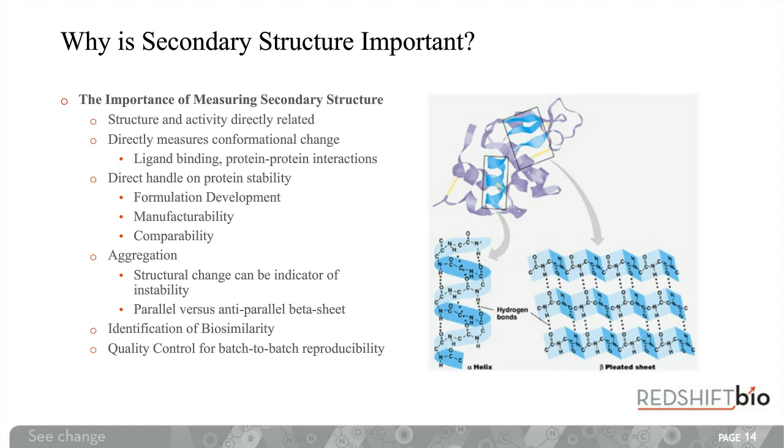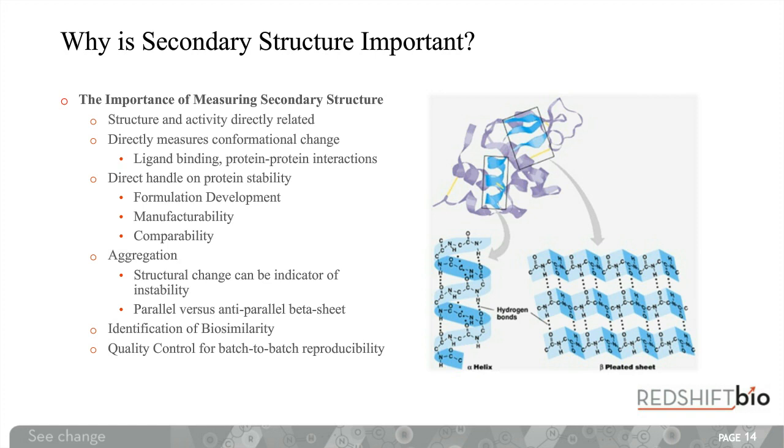These outputs can also be used to give you a good handle on protein stability in terms of formulation development, in manufacturing, and in perhaps batch-to-batch comparisons and comparability. And this information, particularly focusing on transitions between parallel and anti-parallel beta sheet, can give you some structural information as to the nature of aggregation that may be occurring within your sample, and can therefore be used as a measure of stability of your samples.